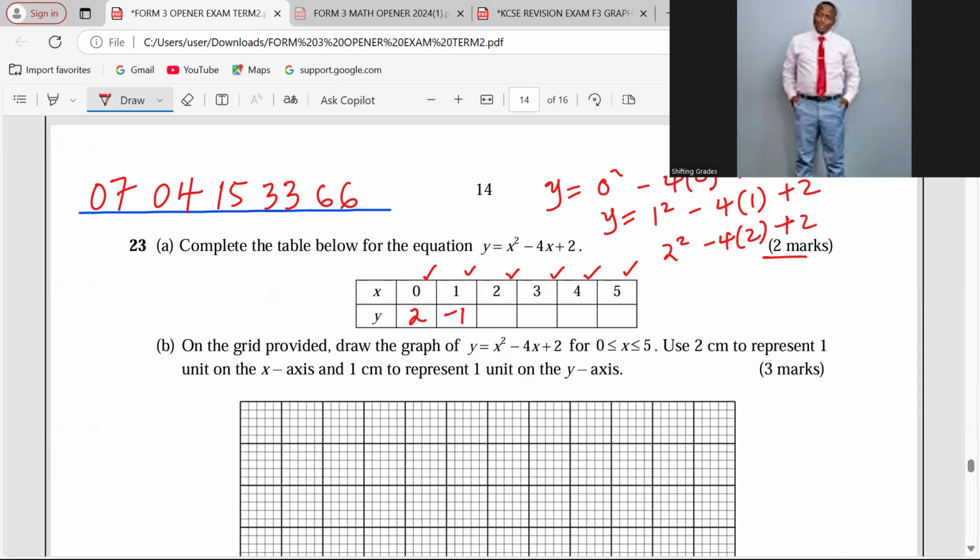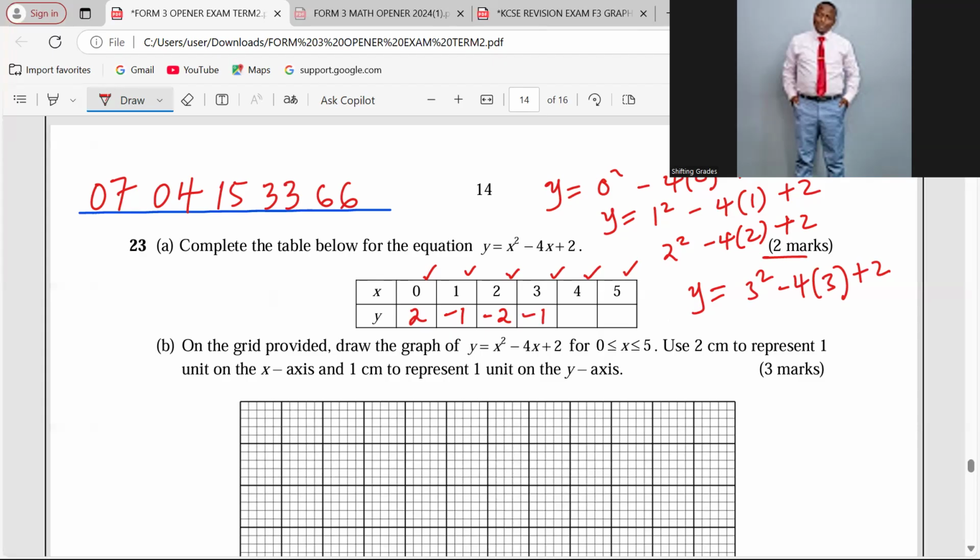This is going to give us exactly -2. Then when x is 3, y will be 3 squared minus 4 into 3, plus 2. This is going to be -1.